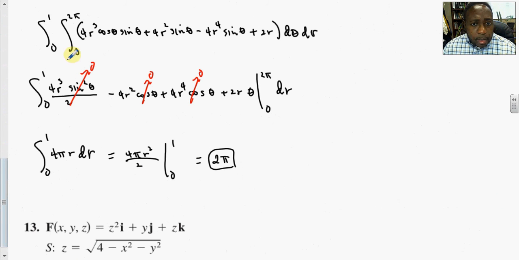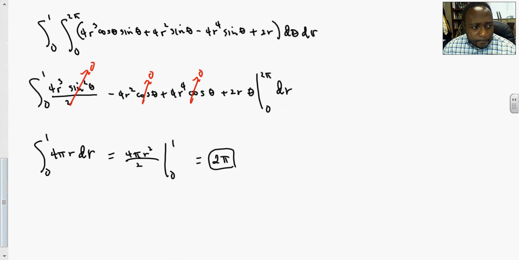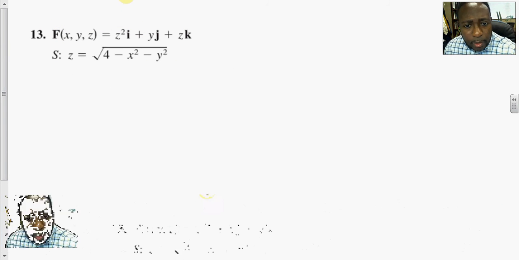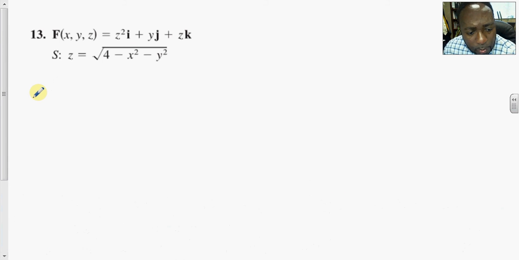And see if I can grab this and put this on the next page. Okay. So we need the curl.